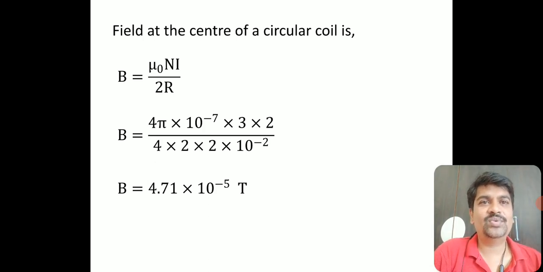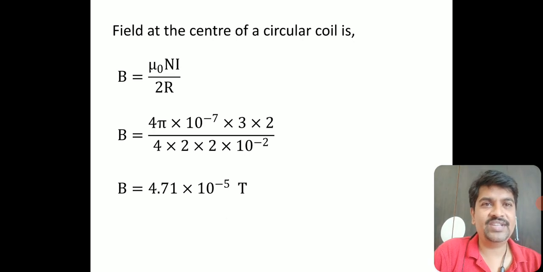Let us substitute one by one. Mu naught is permeability. We know the value of that. It is 4 pi 10 to the power of minus 7. The number of turns is 3 by 4. And the current flowing through the coil is 2 amperes. In the denominator, it is 2 into the radius of the coil, 2 into 10 to the power of minus 2 meter.